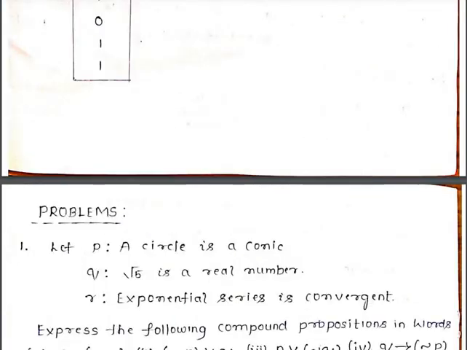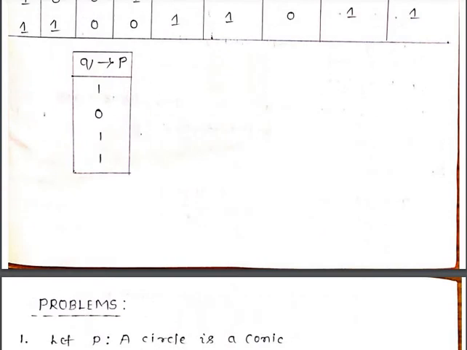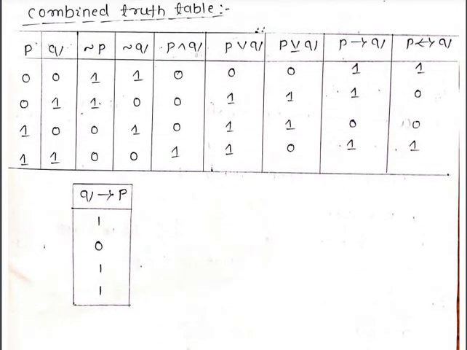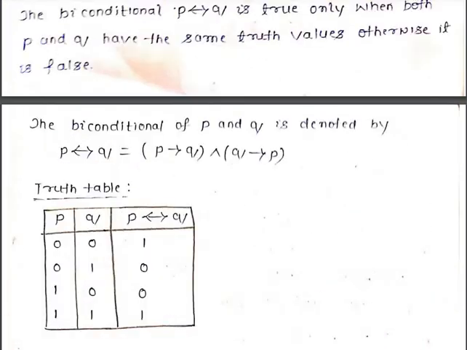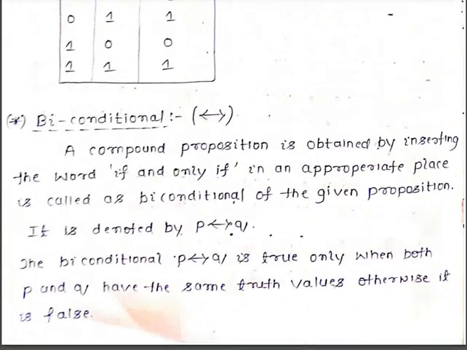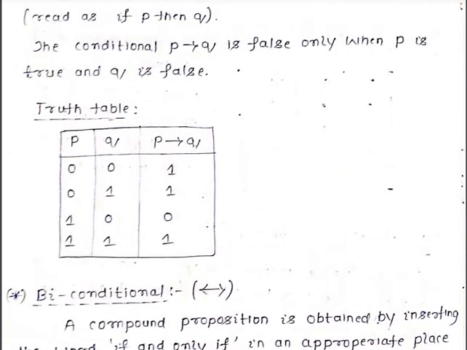Now let us see the truth table of if P then Q. P is 0, Q is 0, it is 1. Only if P is 1 and Q is 0, then if P then Q will be 0. 0, 1 will give 1. If P is 1, Q is 1, P conditional Q will give 1.